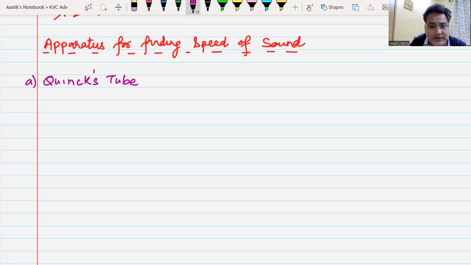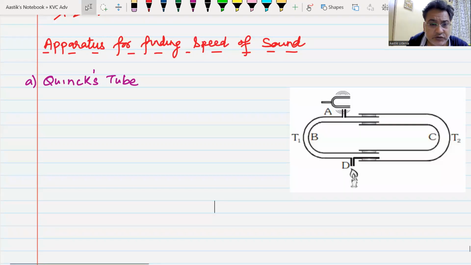What is going to happen? I'm just going to give you that snapshot, but you just need to understand and write in your own language what is happening here. The Quincke's tube looks like this. You have a tuning fork at one end and a flame at the other end.